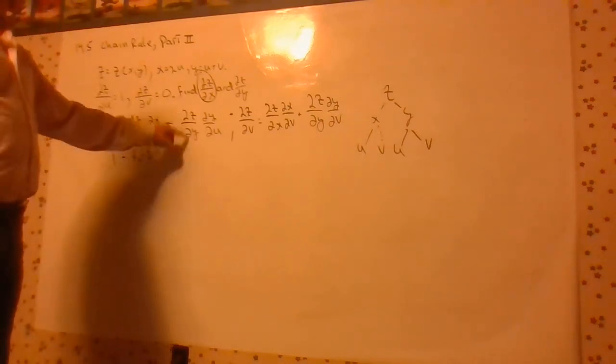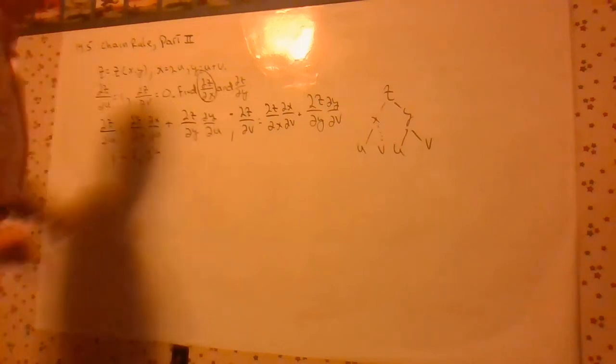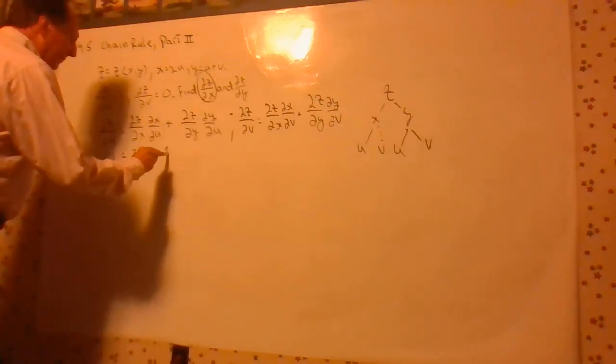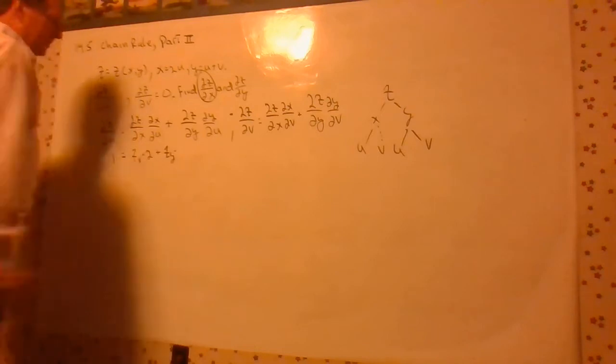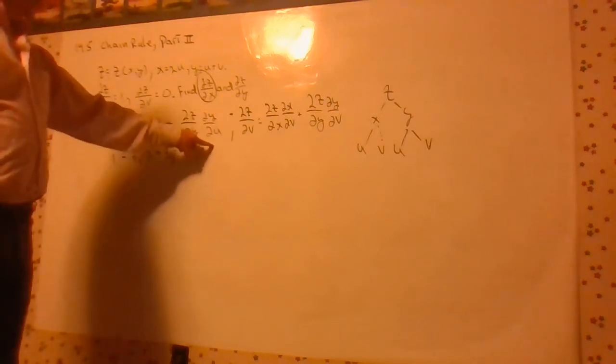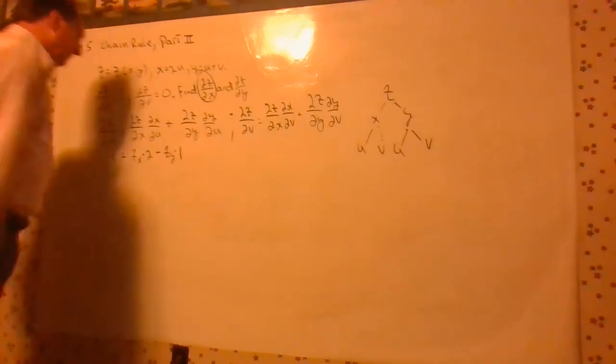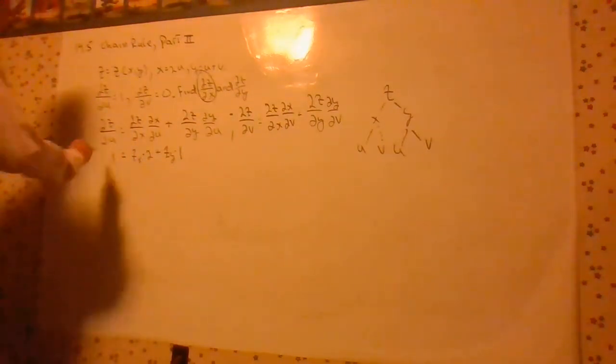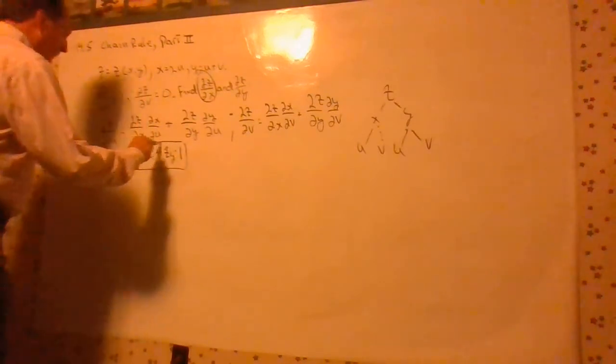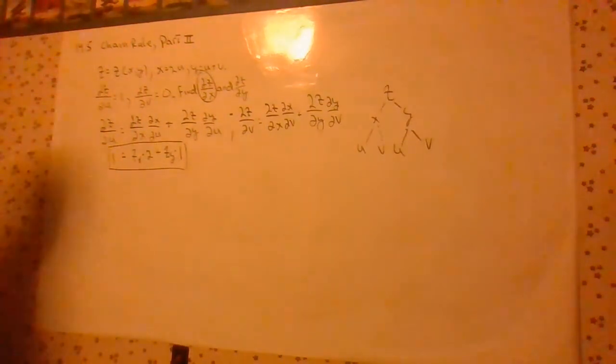Plus partial of z with respect to y, that's an unknown. I'll write z sub y. And partial of y with respect to u looks like that is a 1. That's one equation, two unknowns.